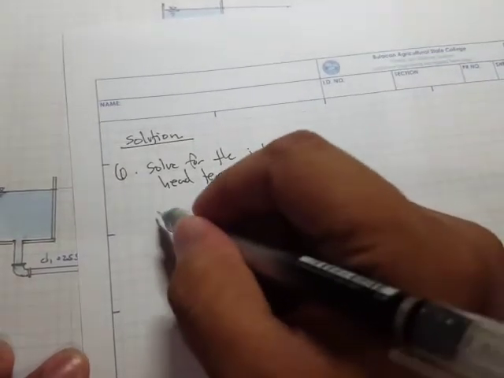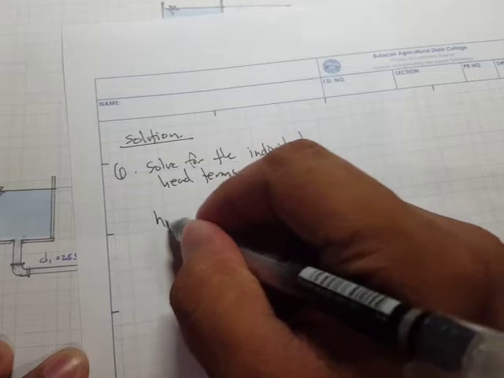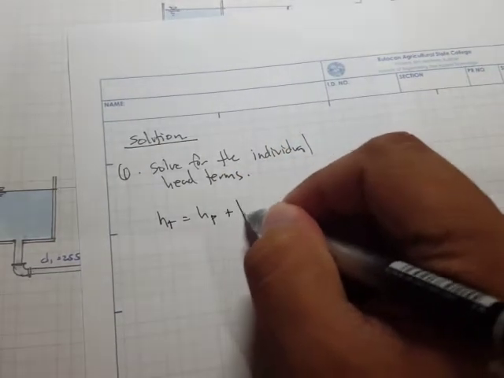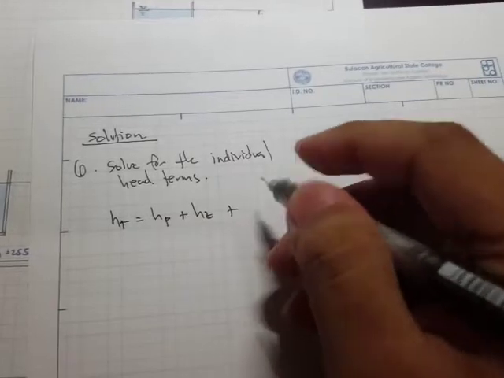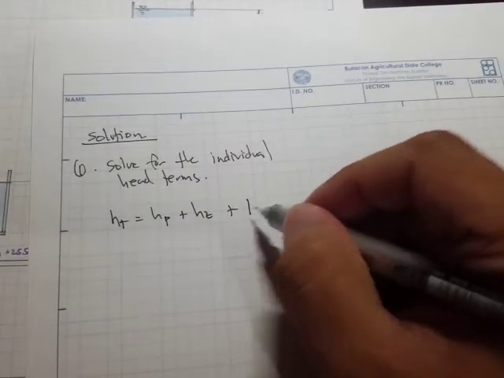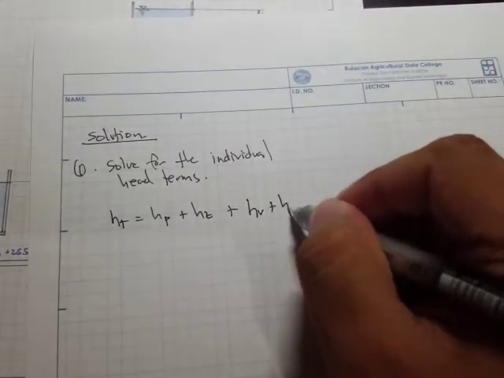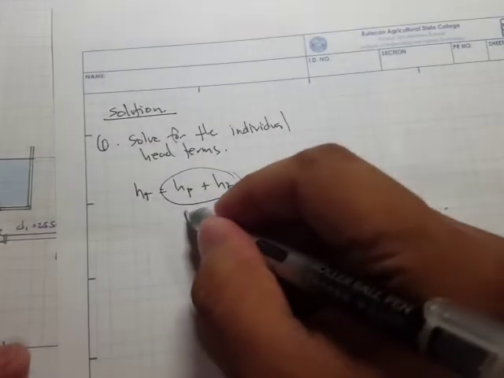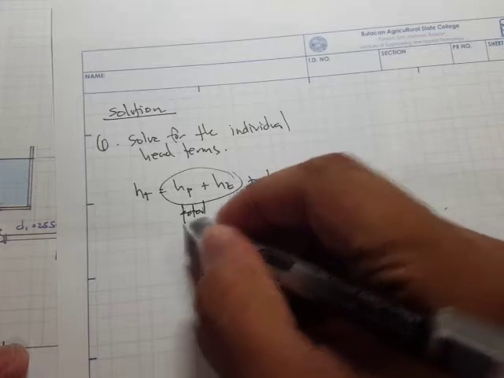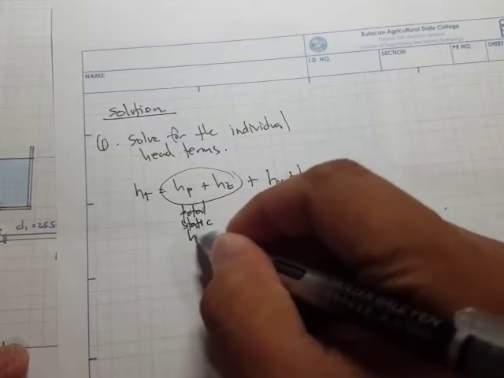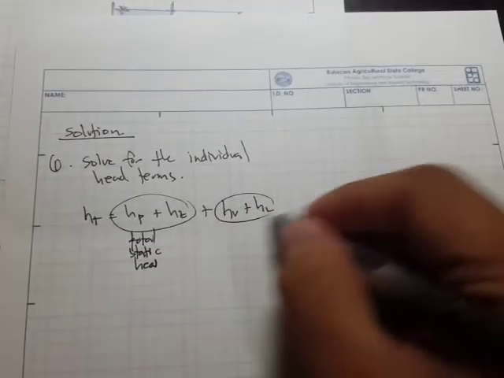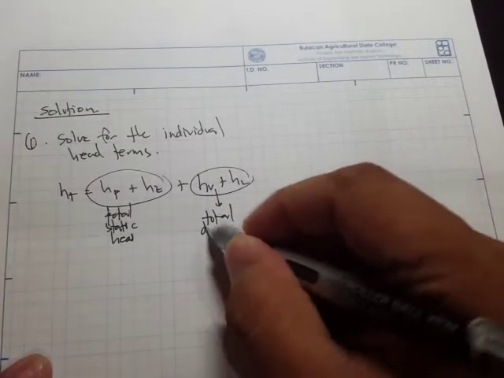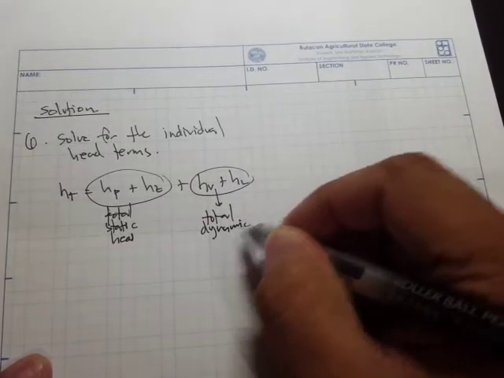Right, so recall that our total head is just simply the pressure head plus the elevation head plus the velocity head plus the head loss. And take note that this is what we term as total static head, and this is what we term as the total dynamic head.